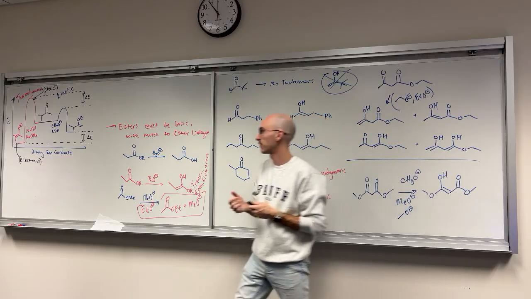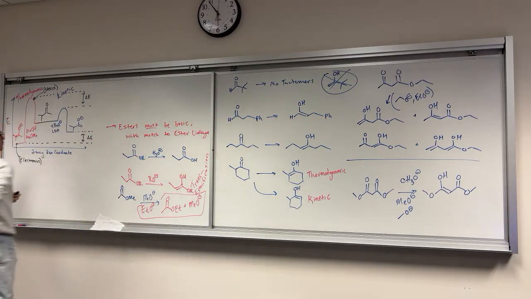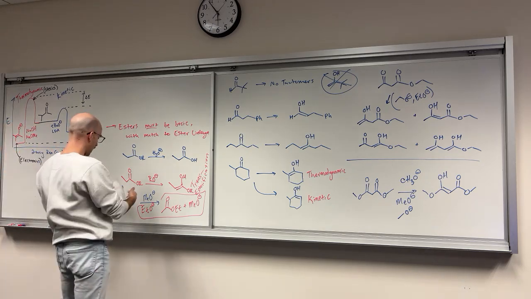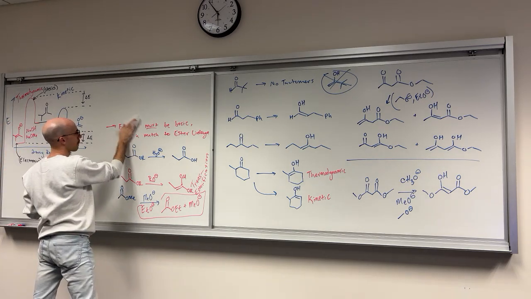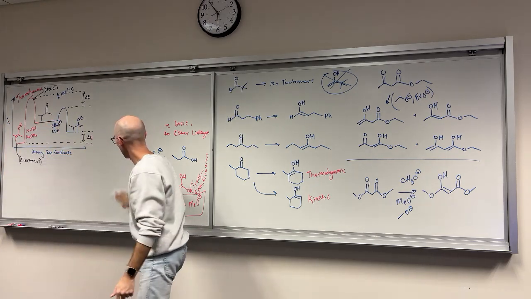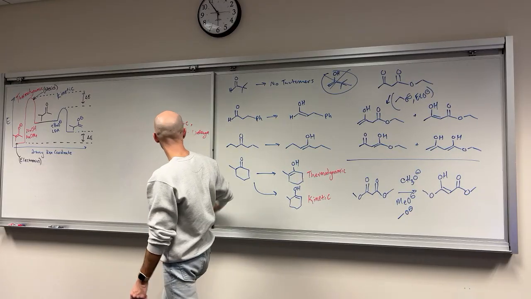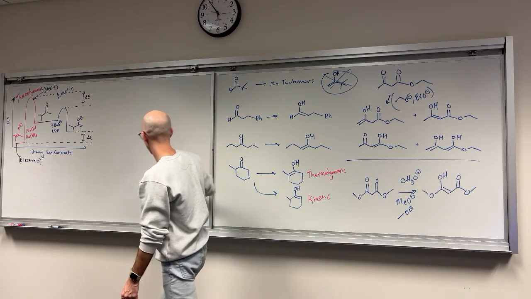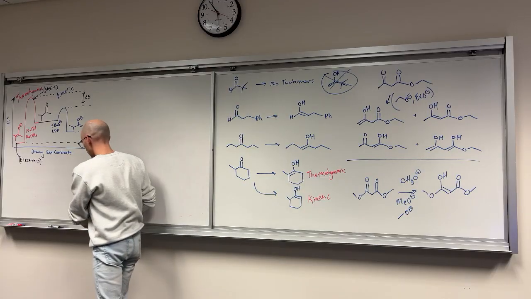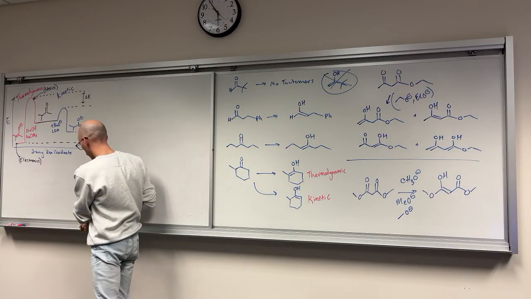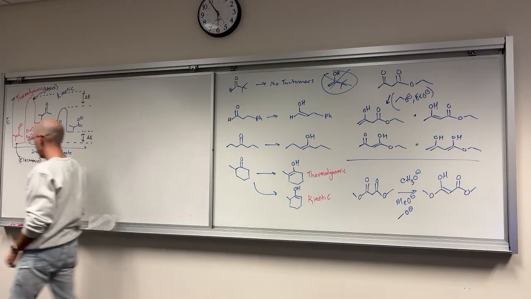At that point, the electrons aren't what's relevant. Okay, so now we have it. If you want to make one enolate over another, then you can have regio control.